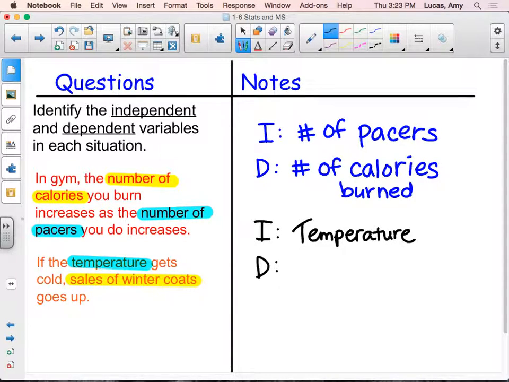So dependent, winter coat sales. So winter coat sales depend on the temperature outside. If it was really, really warm, they wouldn't sell very many coats. If it's really, really cold, they sell more winter coats.